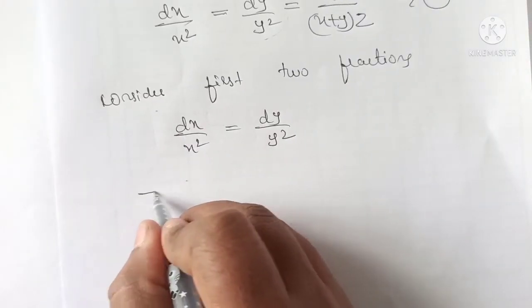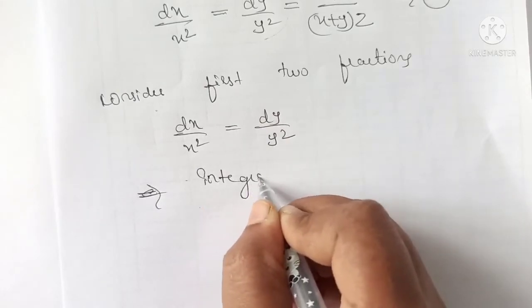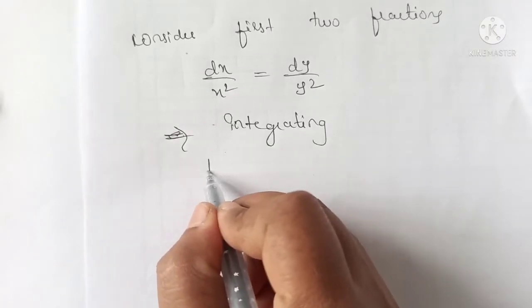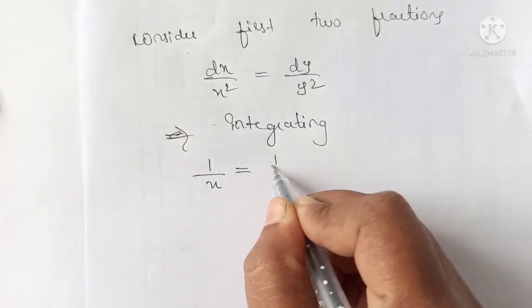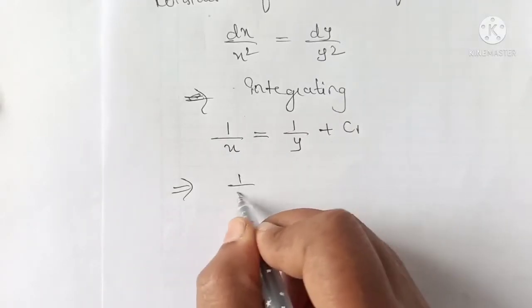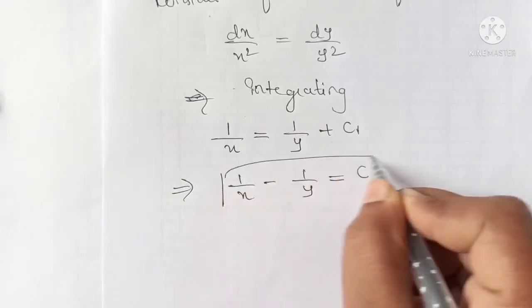On integrating, we get 1 by x equals 1 by y plus c1, or 1 by x minus 1 by y is equal to c1. This is the first set of solution.